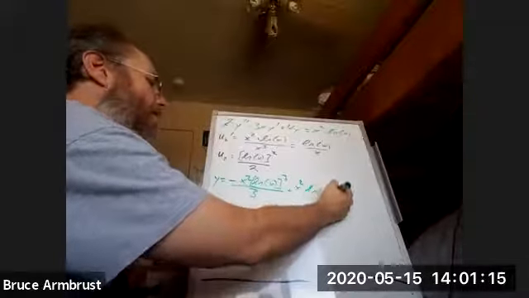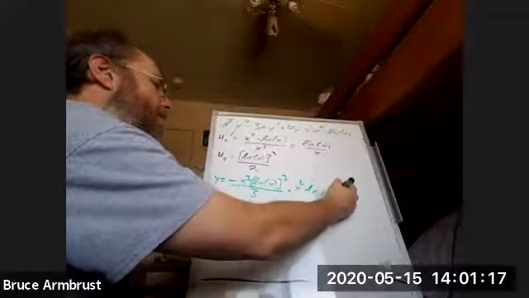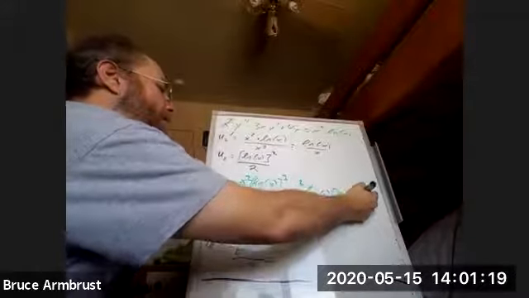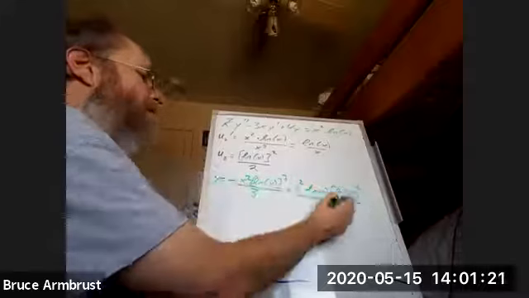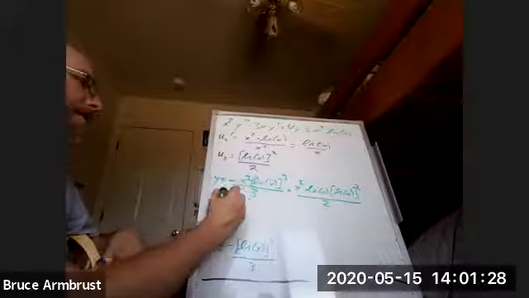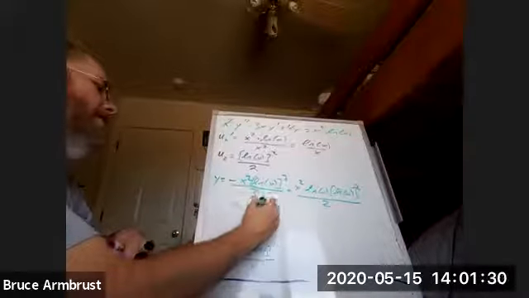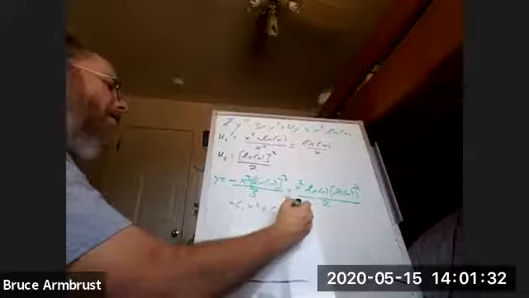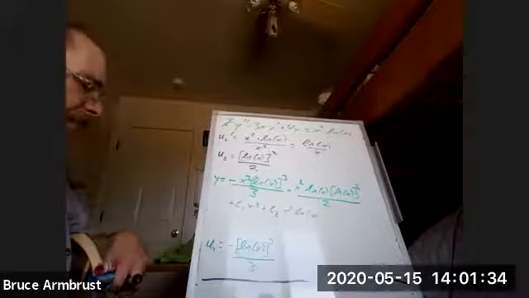And again, so that's going to be times natural log of x quantity squared over 2. And then, of course, plus our c1x squared plus c2 x squared natural log of x.